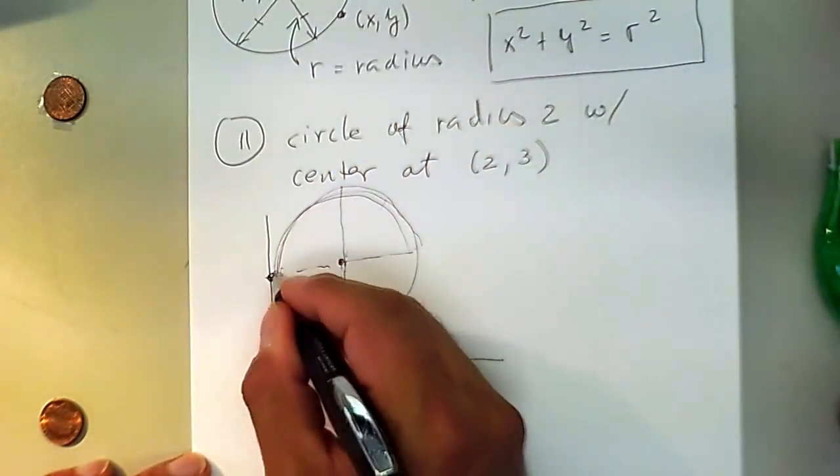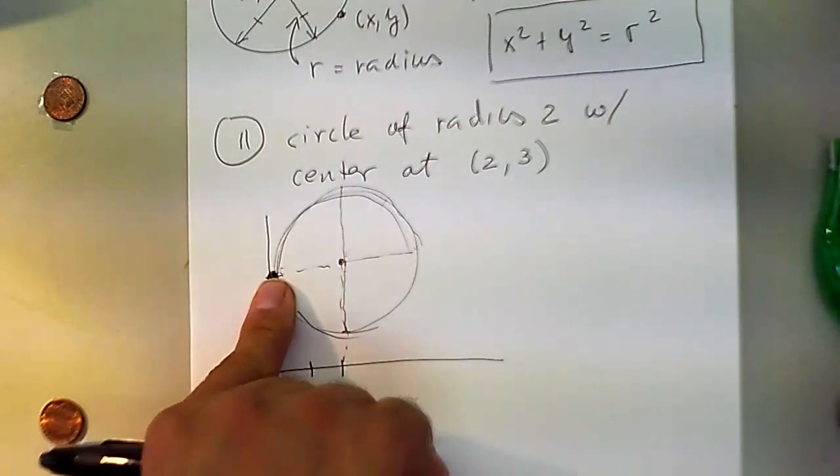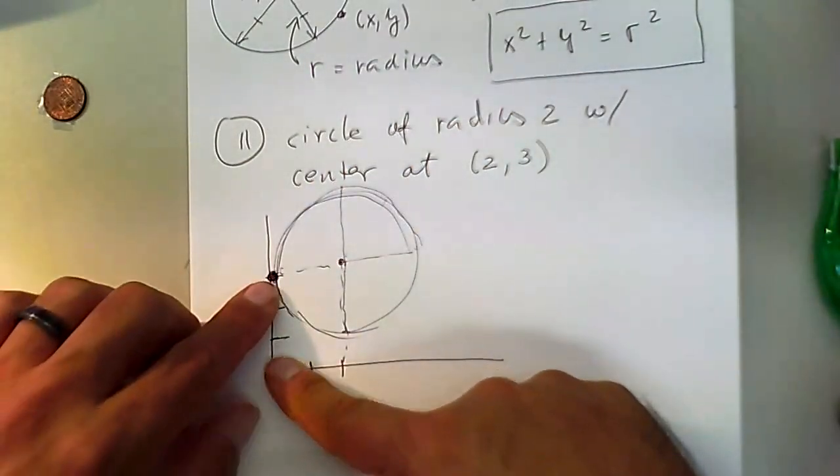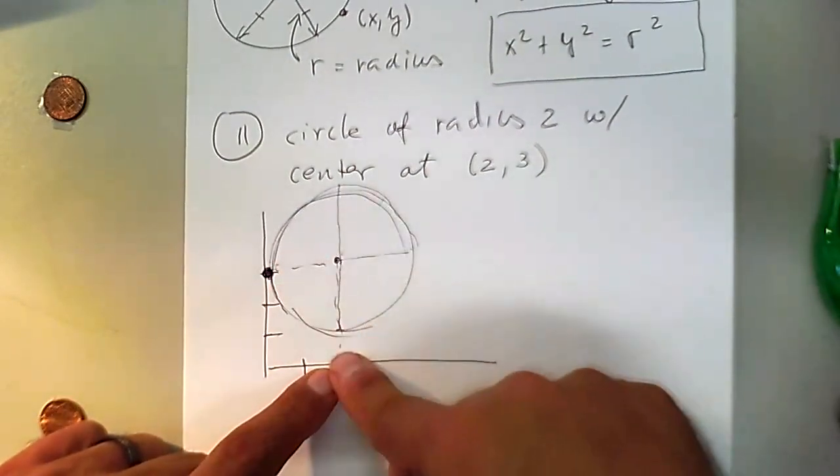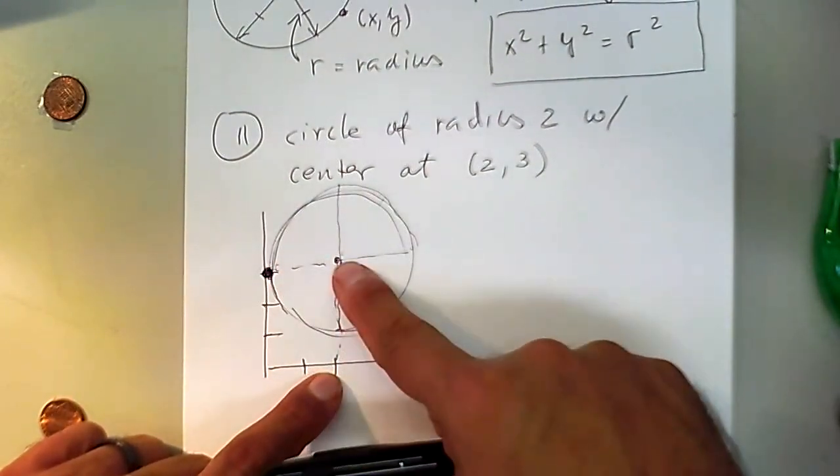Actually, this point will be in contact with the y-axis. The circle won't be in contact with the x-axis because it is 3 units off.